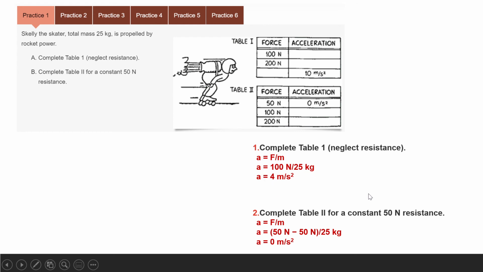But remember that we have a resistance of 50 newtons as well. So 50 newtons of applied force minus 50 newtons of resistance, divided by 25 kilograms, is going to be the resultant acceleration. It'll be 0 meters per second squared. Alright, and you can do the same with 100 newtons and 200 newtons in order to complete the rest of the table.